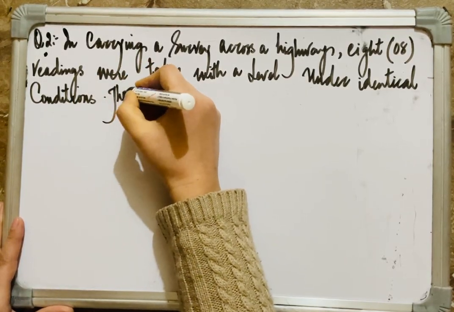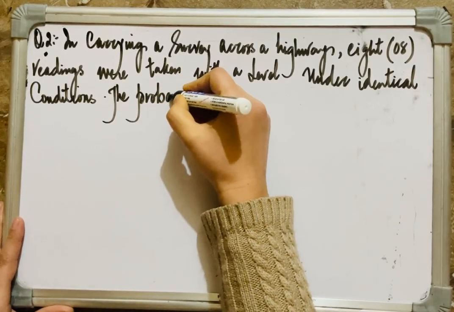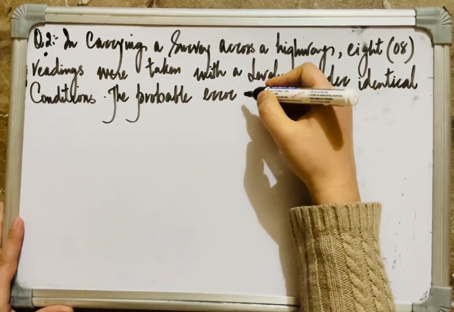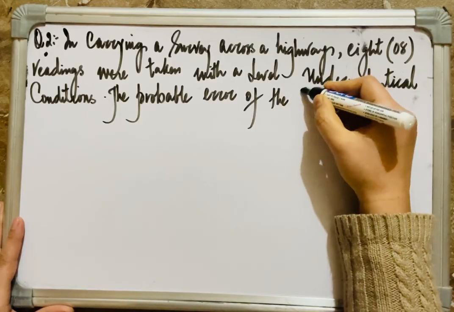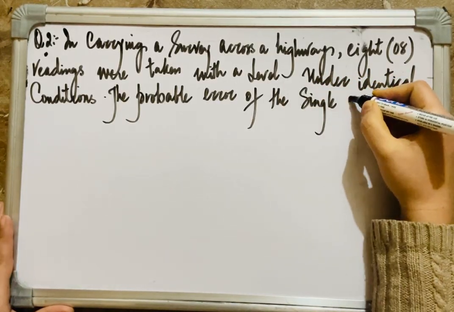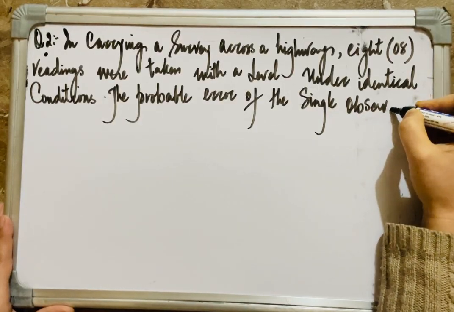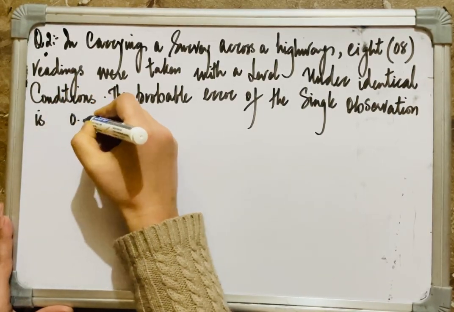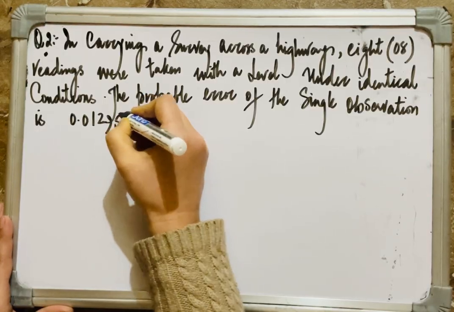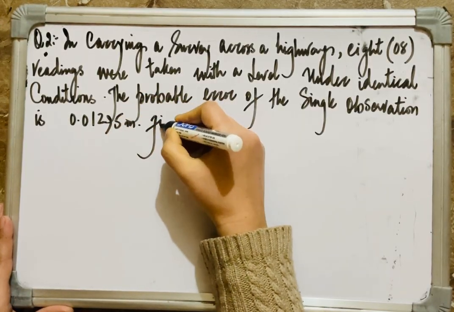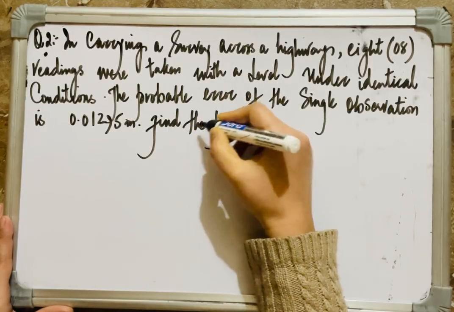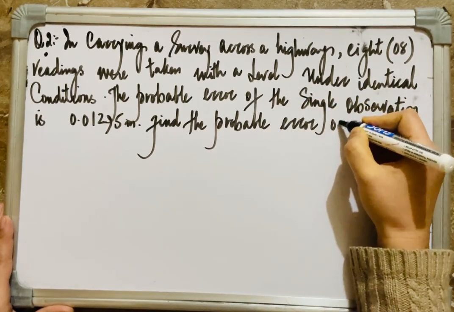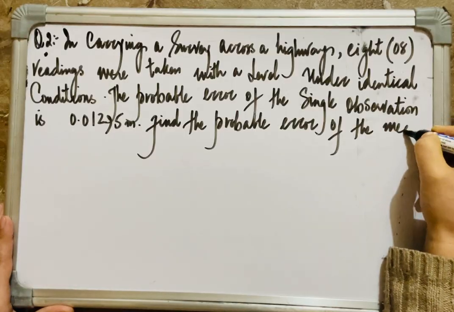The probable error of the single observation is 0.01295 meters. Find the probable error of the mean.